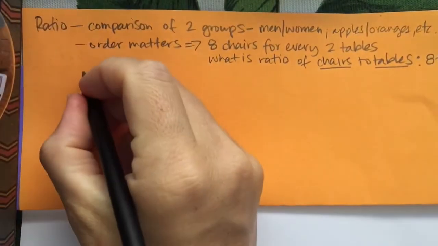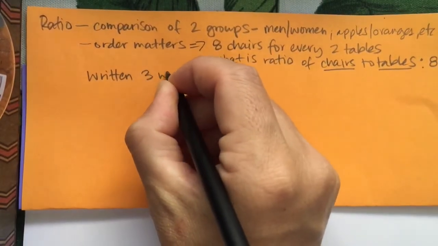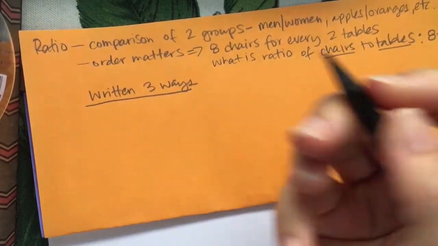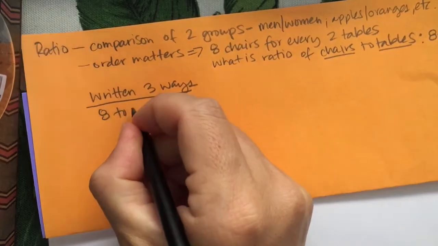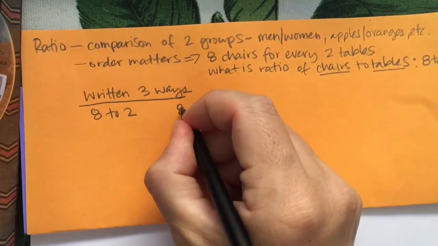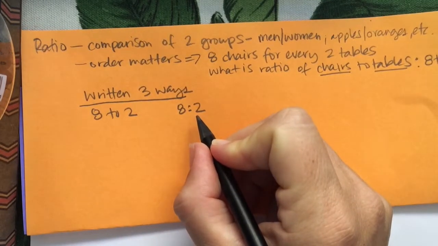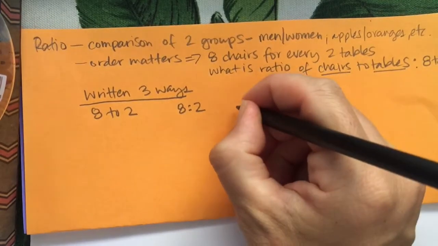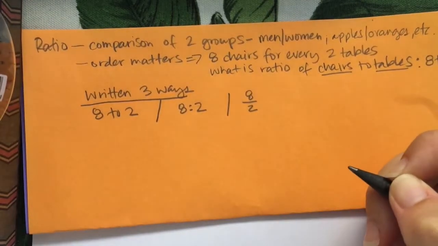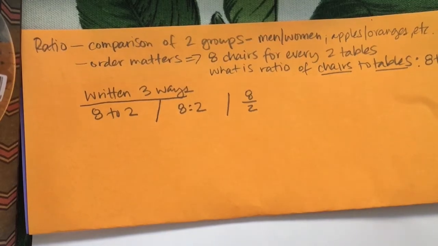Ratio can be written 3 different ways. It could be written 8 to 2 with the actual word "to." It could be written 8 to 2 with a colon, or it could be written as a fraction, 8 over 2. Now ratios, just like fractions, can be reduced.